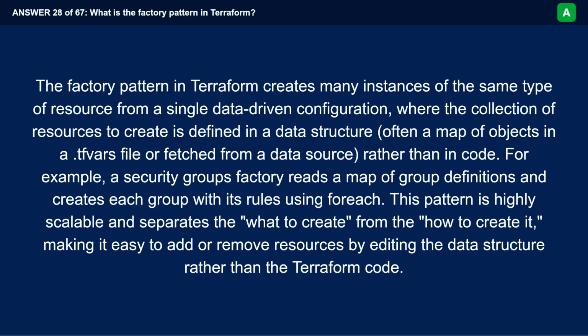For example, a security group factory reads a map of group definitions and creates each group with its rules using for_each. This pattern is highly scalable and separates the what to create from the how to create it, making it easy to add or remove resources by editing the data structure rather than the Terraform code.